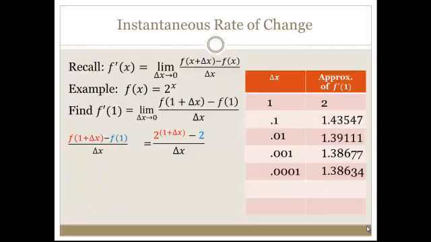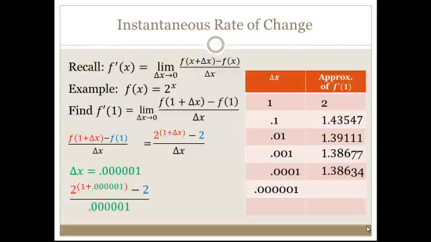As we take delta x to 0, we next look when delta x is 0.000001. Here when we compute the approximation of our derivative, we get 1.38629, which is only slightly off from our last approximation.